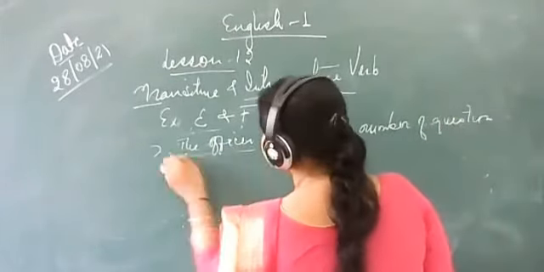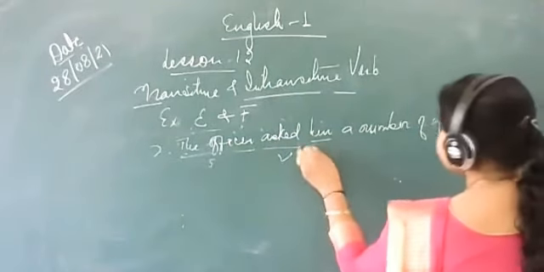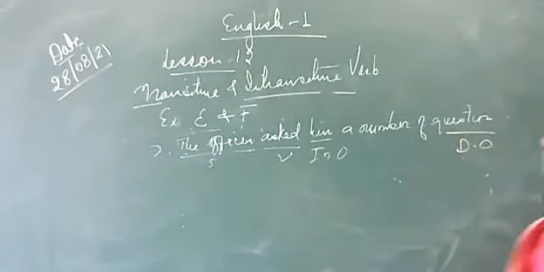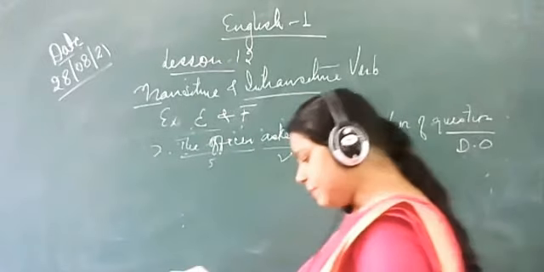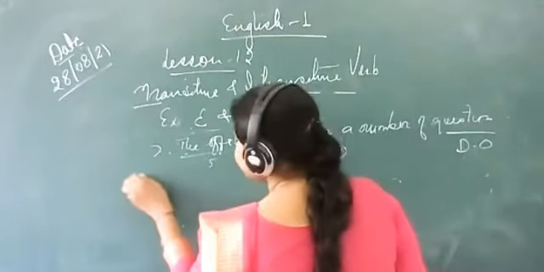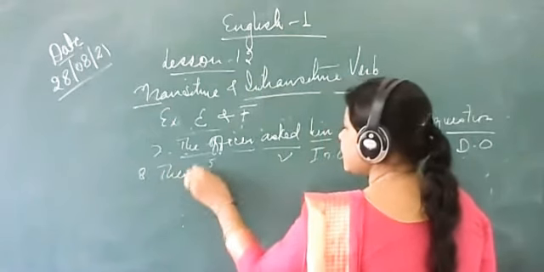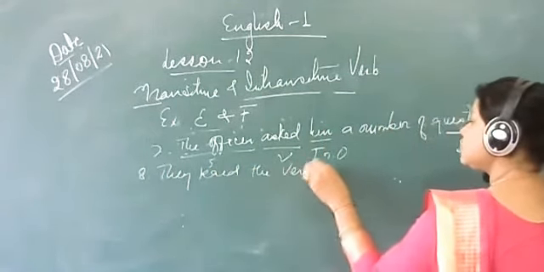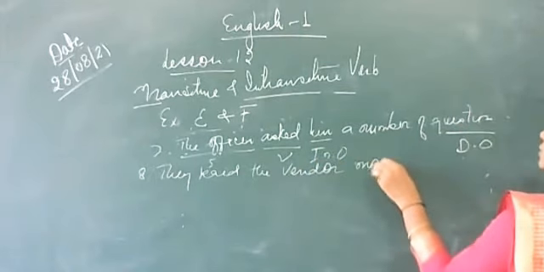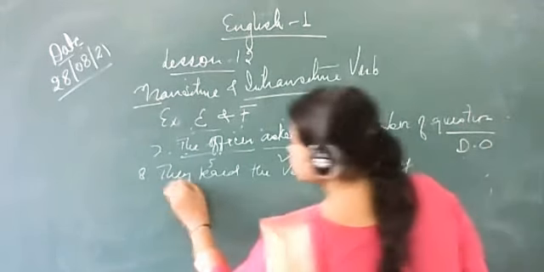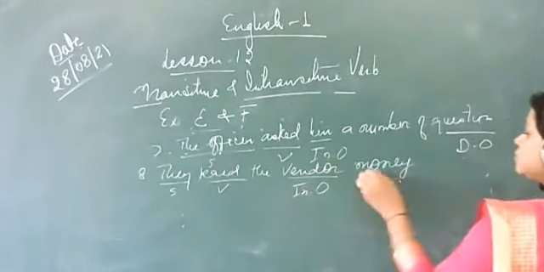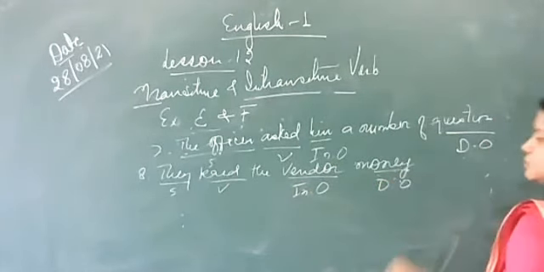Here you can find that the officer, subject, asked, verb, him, indirect object, questions is direct object. Okay. Now number 8. They paid the vendor money. They is subject, paid is verb, vendor is indirect object, money is direct object. Clear?